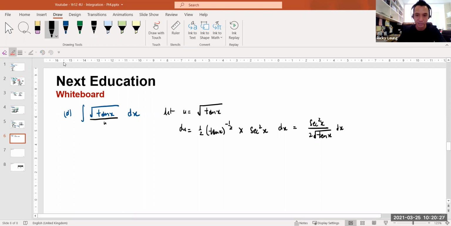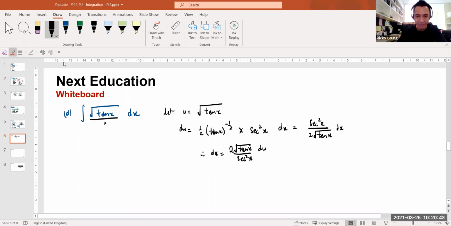Already, it's a bit intense, but let's see. Now I've got to swap it around, therefore dx equals 2 root tan x du all over sec squared.